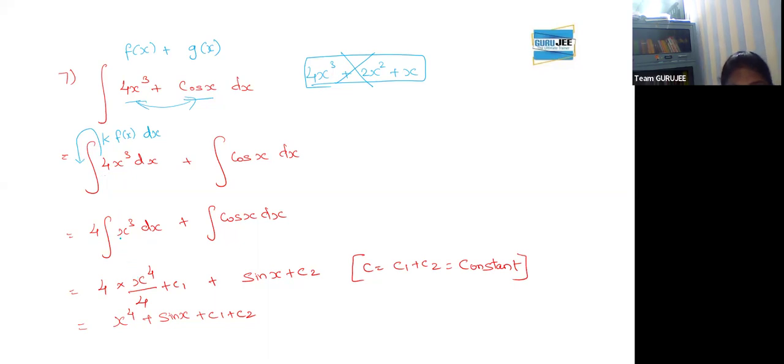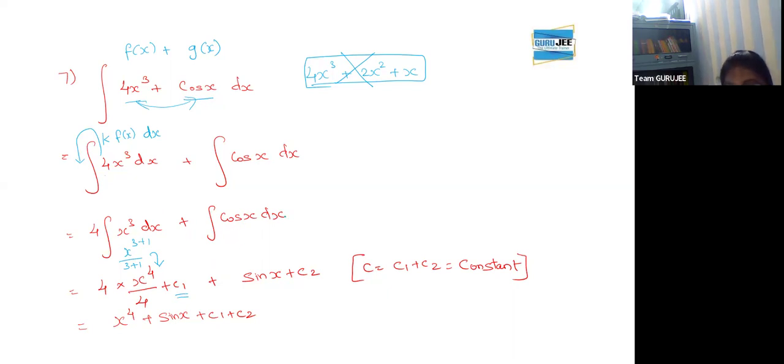What is the answer for x cube? x to the power 3 plus 1 divided by 3 plus 1. This results in 4 into x to the power 4 by 4 plus c1. We have split the function into two and are integrating separately, so add a constant after integrating each function.